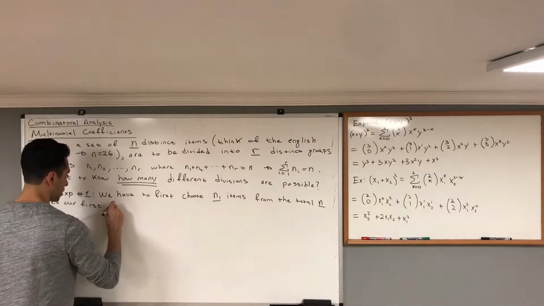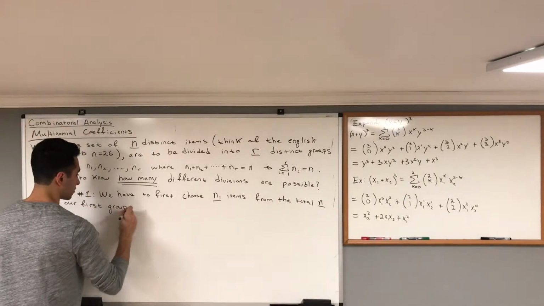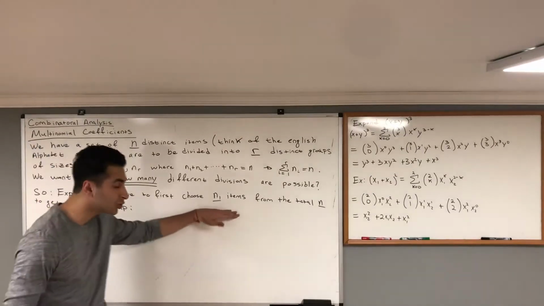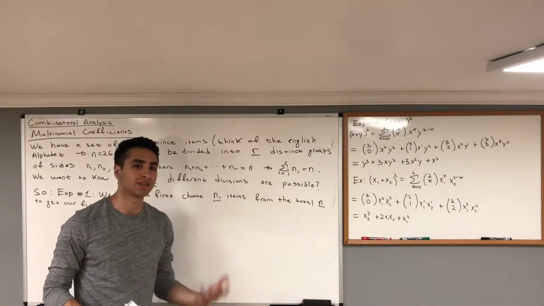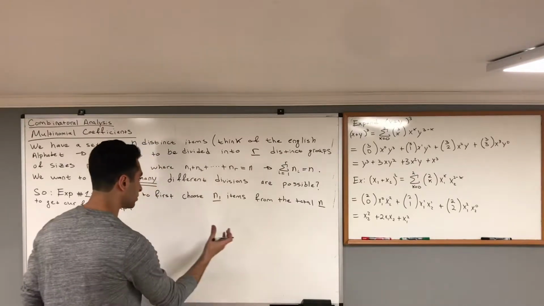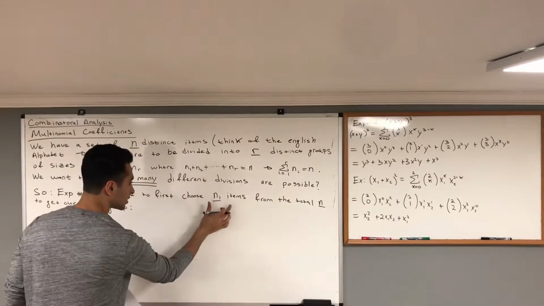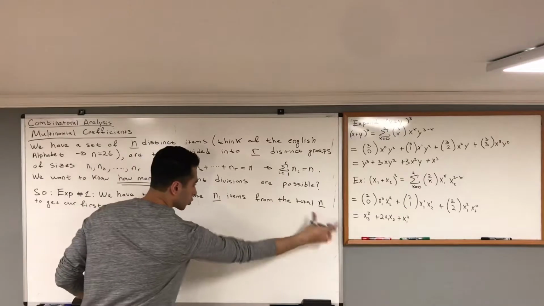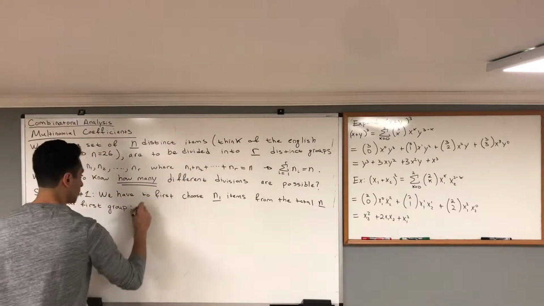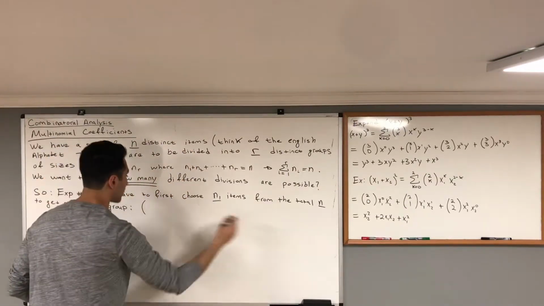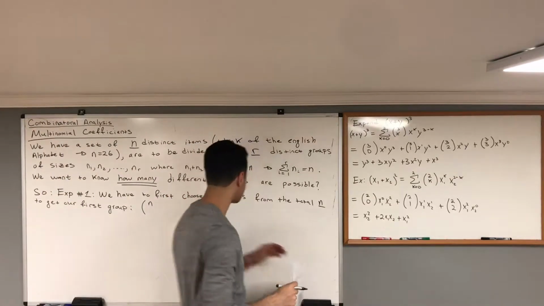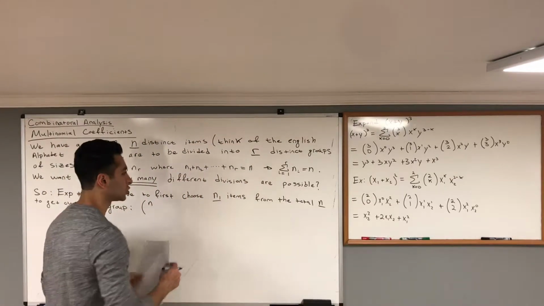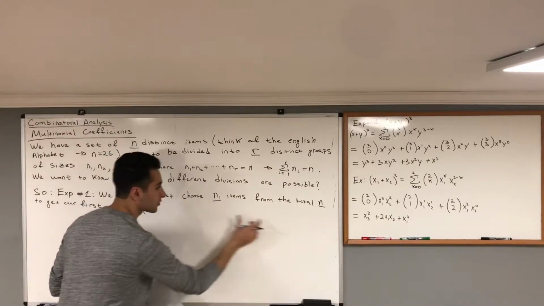Okay, now how can we do this? Well, we have to choose n1 items from n. We did this in the last video. You guys should be able to do it. How do you choose some number of items from a total number of items? Well, we have a total number of n items, so n goes on top because remember, in this case, r equals n1 because you're choosing a certain number of items from the total.